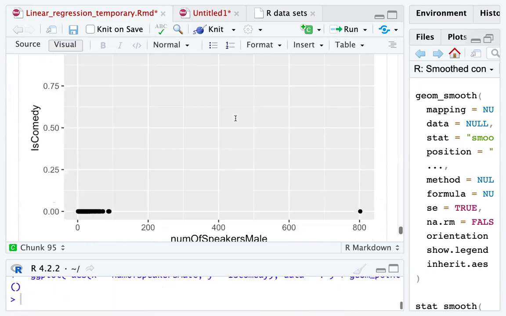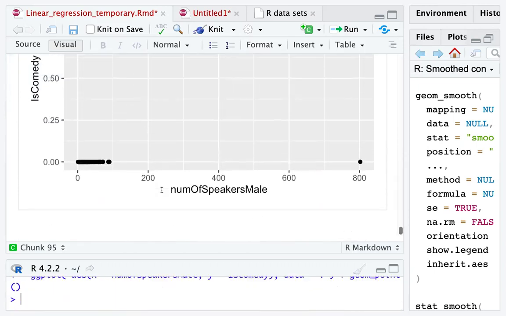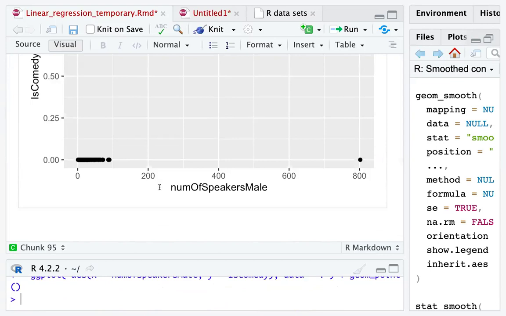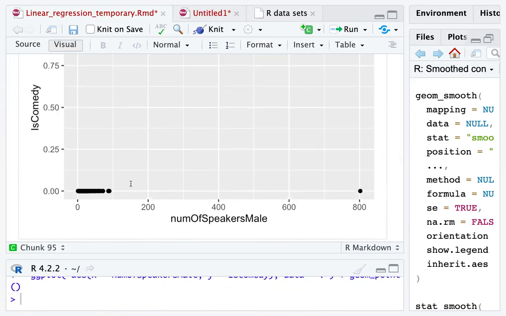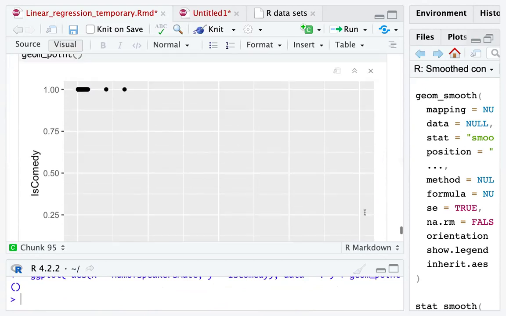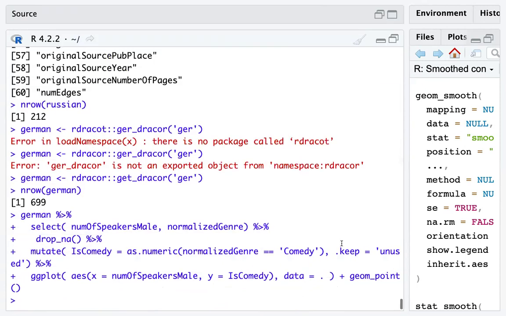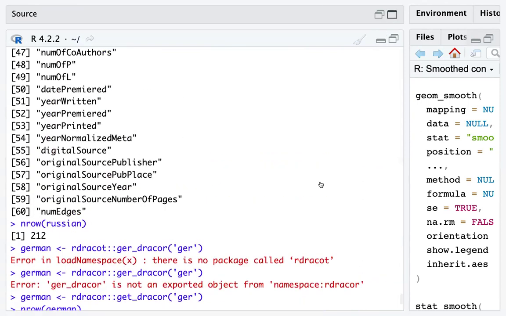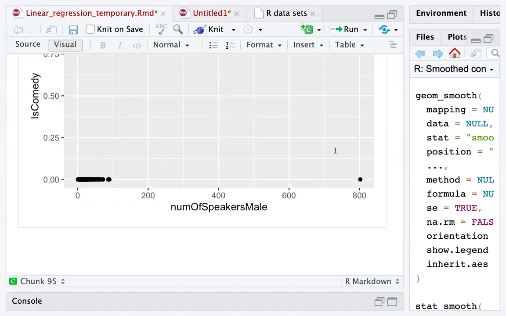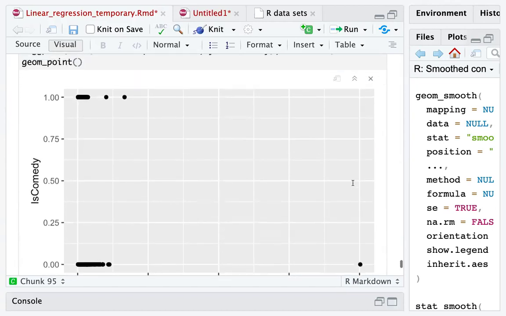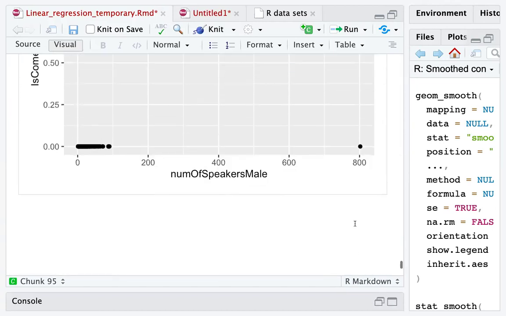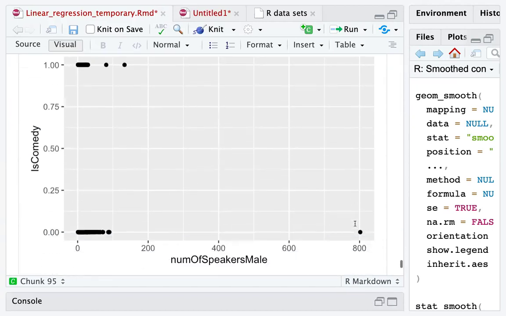Okay. However, once in a while there is a tragedy with 800 speakers, which maybe is the Faust. I don't know. No, I don't know. Let me just simply see which comedy this one is. So the number of speakers is like 800.